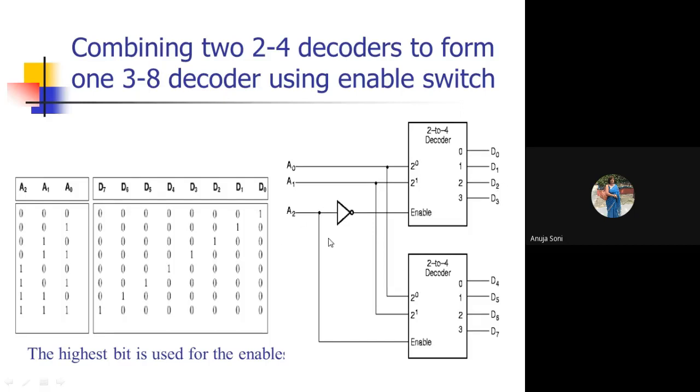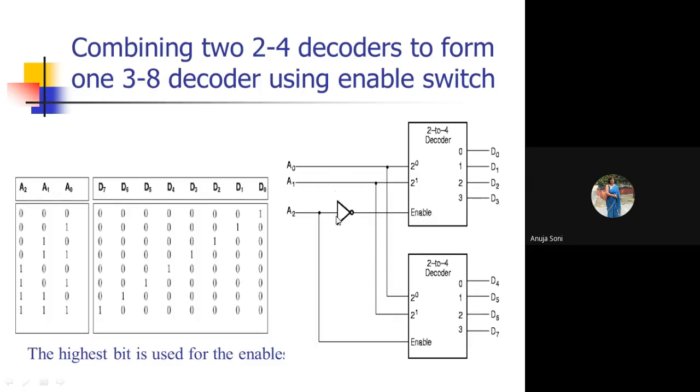The most significant bit, whenever its value is 0, with the help of the inverter it is coming out to be 1, and it is connected to the very first upper decoder. And whenever it is going down to the lower decoder, at one time its complemented value is connected to the upper decoder, and its as-such value is connected to the lower decoder.